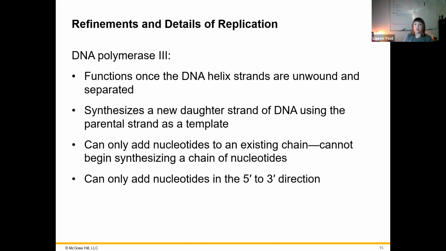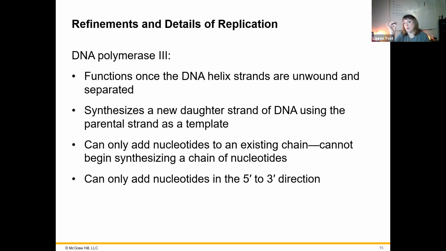So DNA polymerase 3, this is once we get the DNA helix unwound and we're going to start actually making the copy of all of our genome. This is going to be the job of DNA polymerase 3, adding on those nucleotides in order as we're unzipping the DNA.